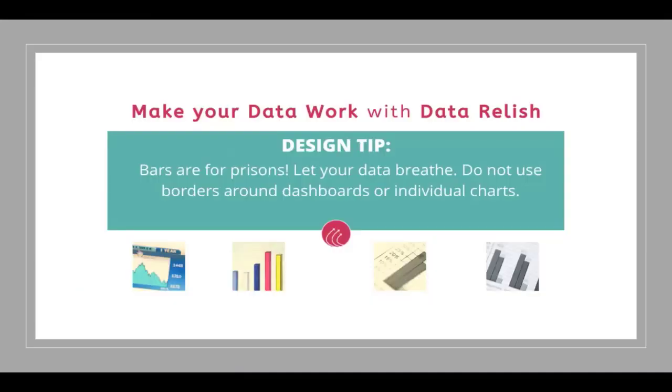So another example is removing bars, or borders, to let the data breathe. We can see in some examples I've put in this particular tip that using heavy lines on charts is actually quite distracting for the users. So it's a bit cleaner just to take the lines off.